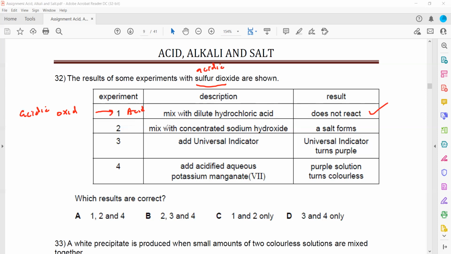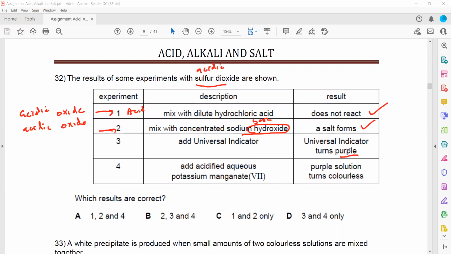When we check 2, when we add sodium hydroxide, hydroxide here refers to base. When base is added, a salt is formed, so that is right. An acidic oxide can react with base. When universal indicator is added, it turned purple.